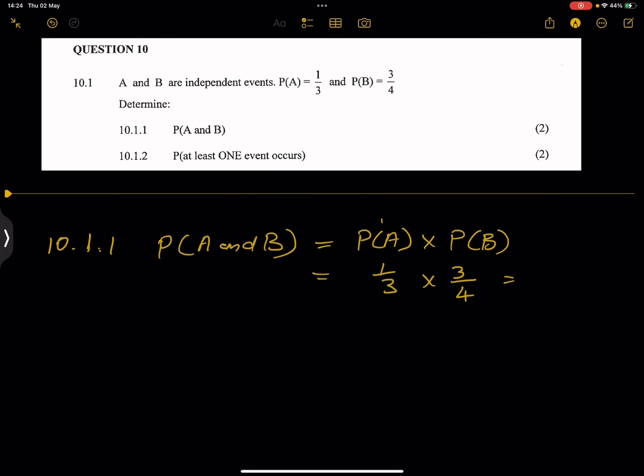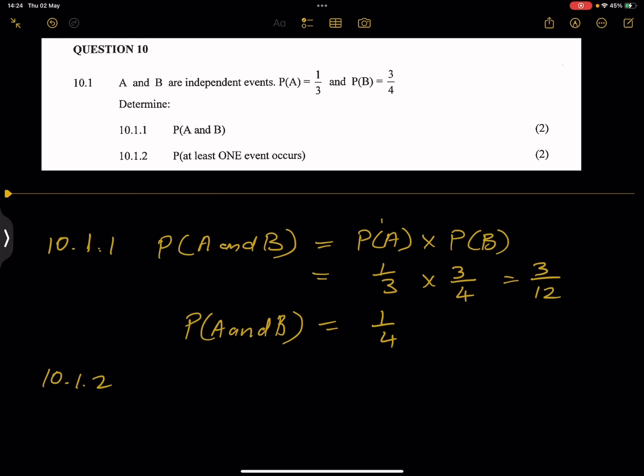And so that will give us 3 over 12. And if we want to simplify it, the probability of A and B would be equal to 1 over 4.